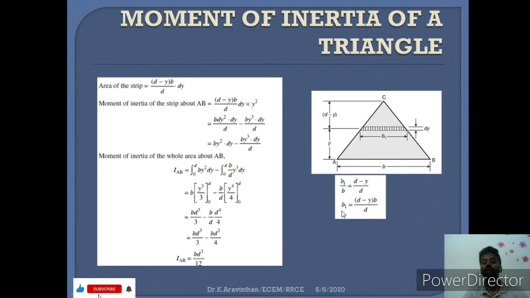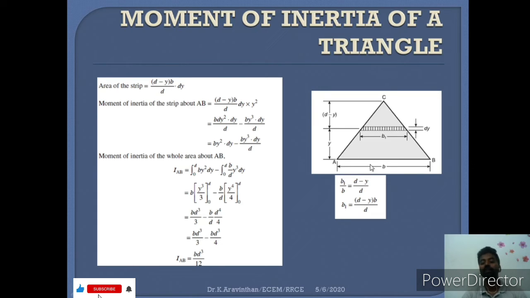By this ratio we can find the b1. If you cross multiply here, you will know b1. Now if you know the breadth, the depth is considered as dy, so breadth into depth is known as the area of the strip.